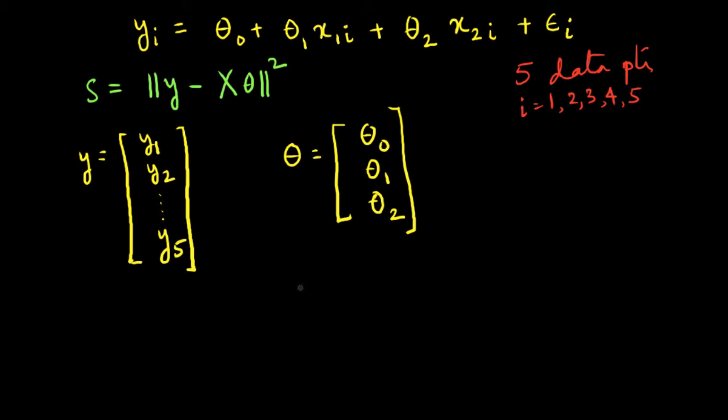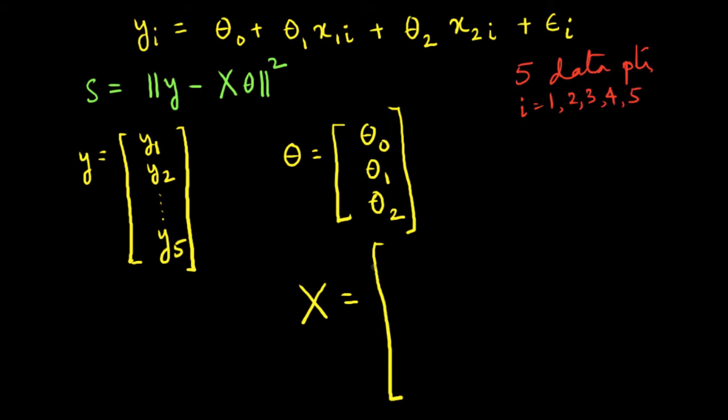Now the challenging thing is to write down our X, which is a matrix unlike our y and theta. So now we have our theta as a column vector, and when multiplied by capital X it must give us our required expression. Which means that 1, x1i and x2i must form the rows of this X matrix.